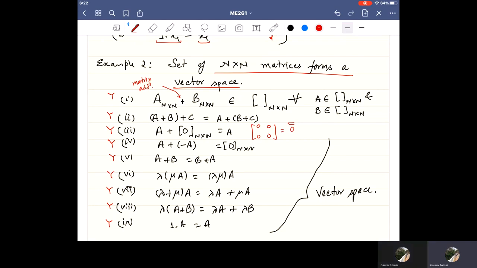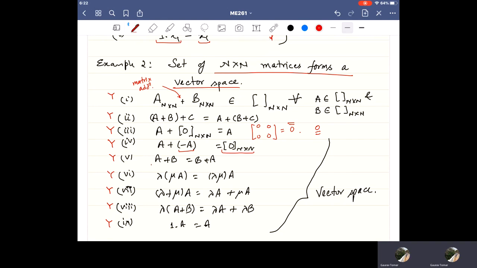Or if you want to denote it some way, you can also say this is the zero matrix. Okay. Anyway, it's a zero vector for this particular vector space. There is, of course, an inverse element minus A. When you add A to minus A, you get your zero matrix of n cross n size.